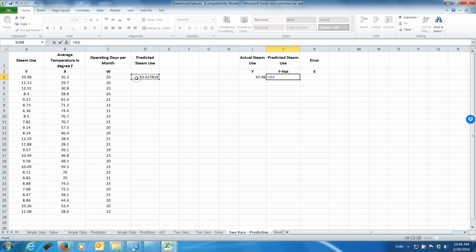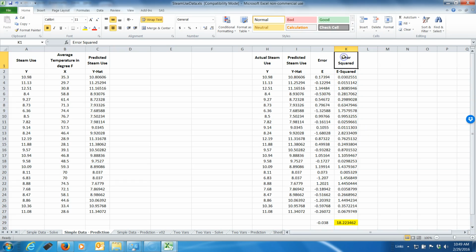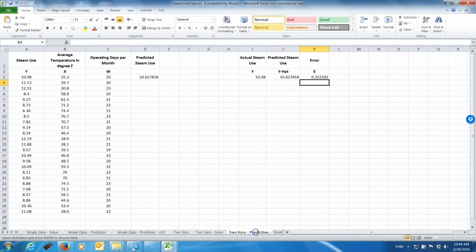Calculate the errors here, and equals this guy minus this guy, and let's also come over here and grab the average error squared, because that's what we will be looking at in a real world situation.